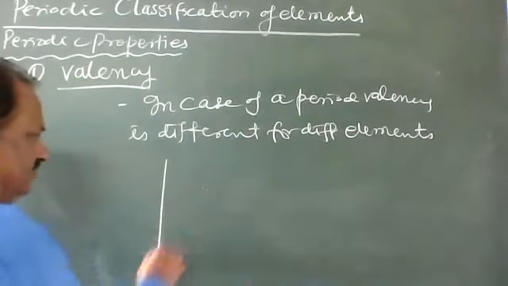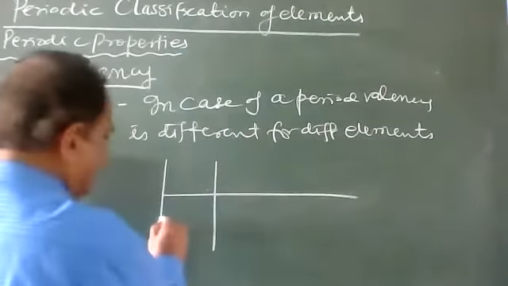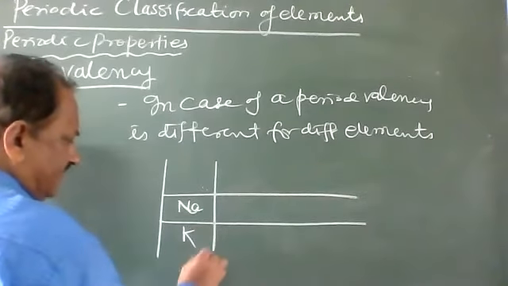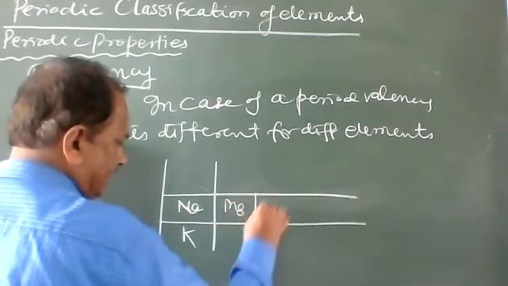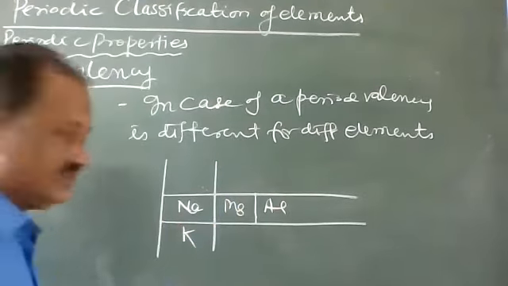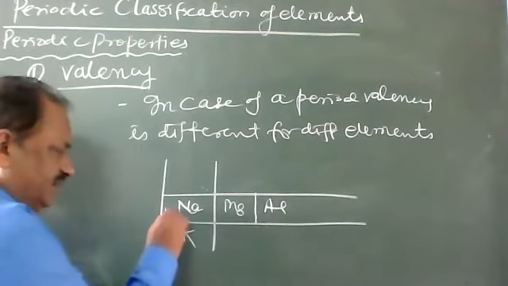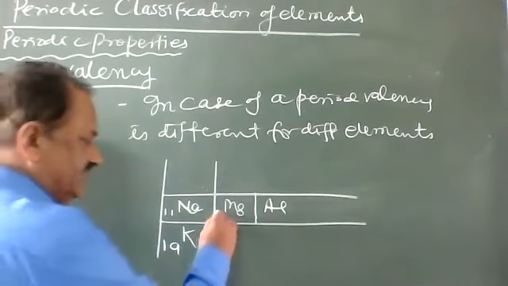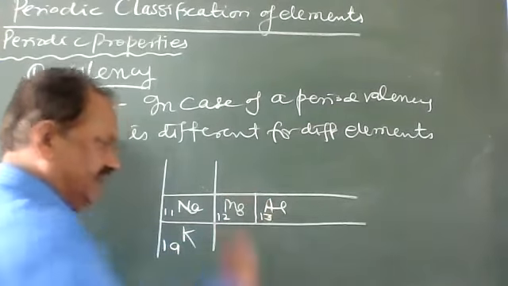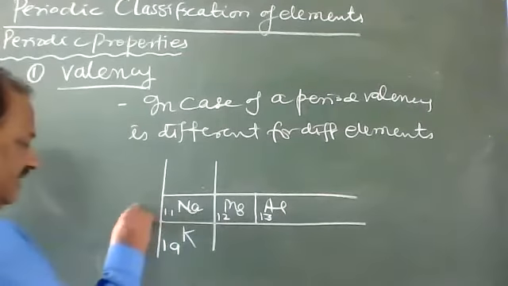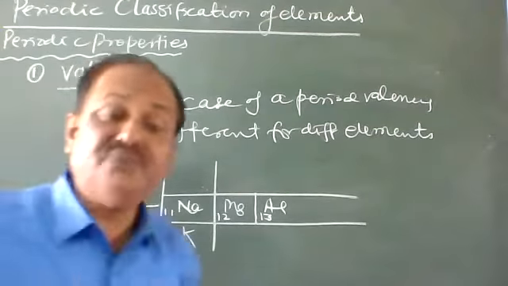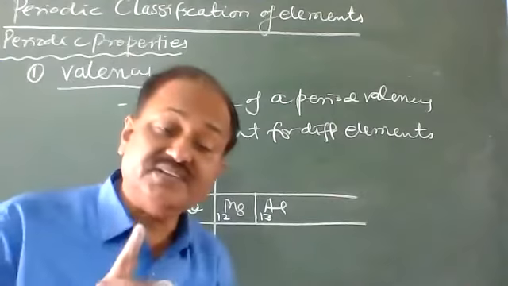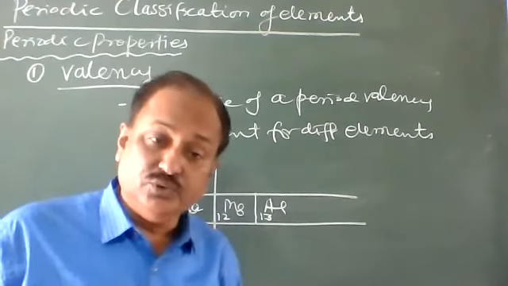Just I am drawing a very little portion. Here there is sodium, then potassium, here magnesium, here aluminum, just like this. Now see, the sodium atomic number is 11, potassium atomic number is 19, magnesium atomic number is 12, aluminum atomic number is 13. Now we will write down the electronic configuration. The simple way to find out the valency is to write down the electronic configuration, the distribution of electrons in the orbits.